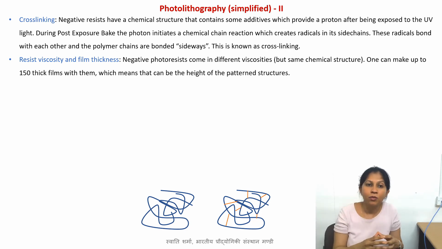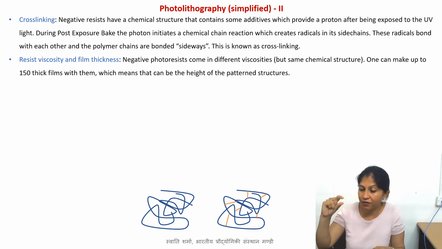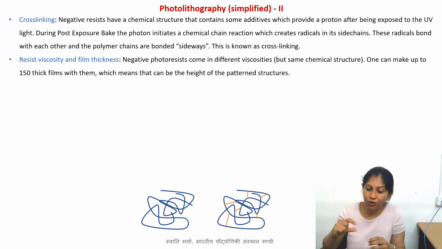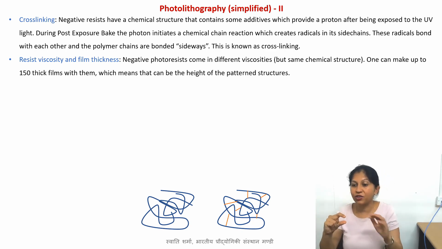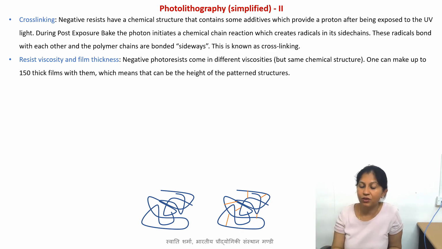There are resists that can give you up to 150 micrometer thick films, or you can make one film, dry it, and make another film on top of it. That is how you increase the thickness of your film.